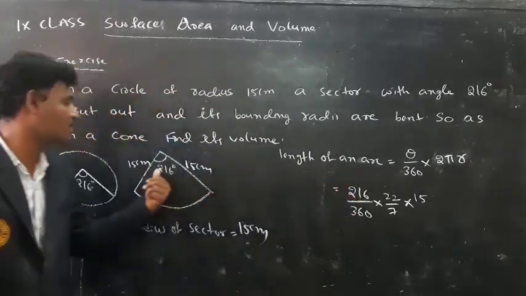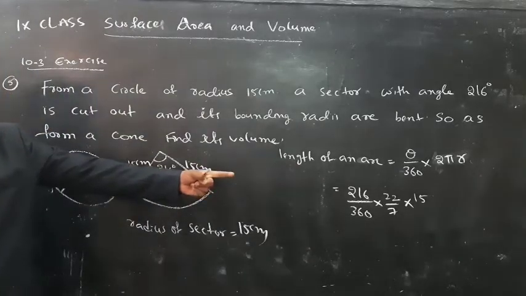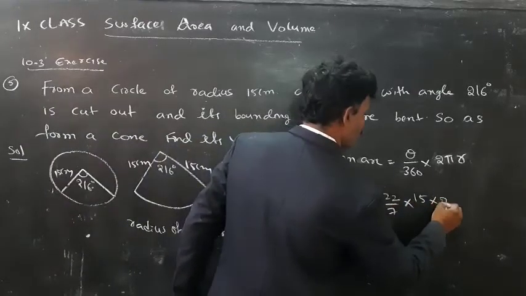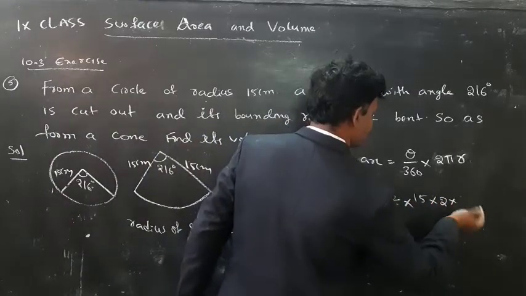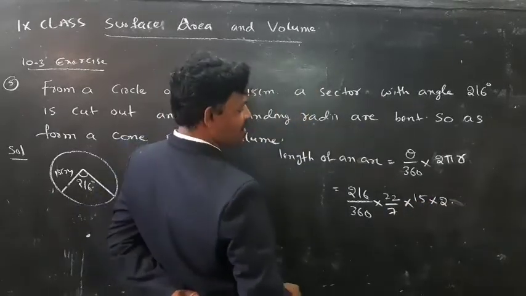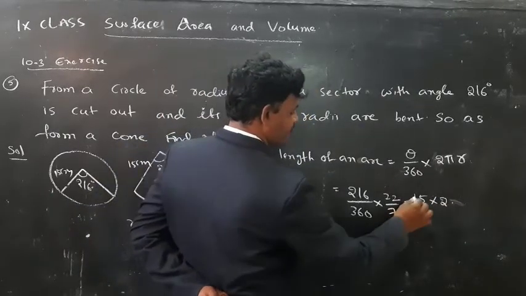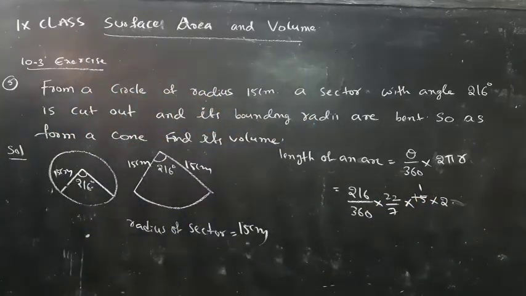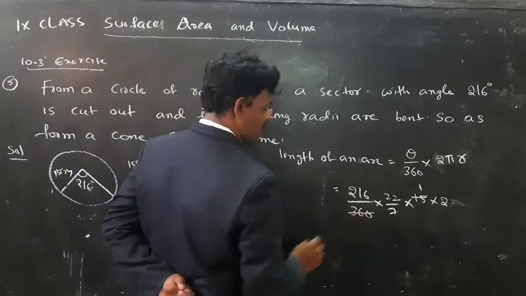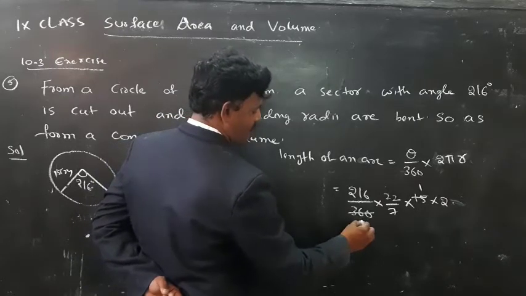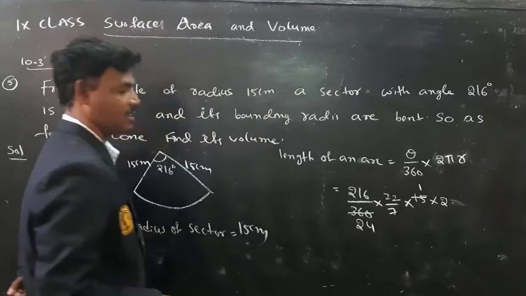Theta means the given angle 216, then 360, and r means 15. Now, any cancellations? 15 ones are 15, 15 twos are 30, 15 fours are 60.